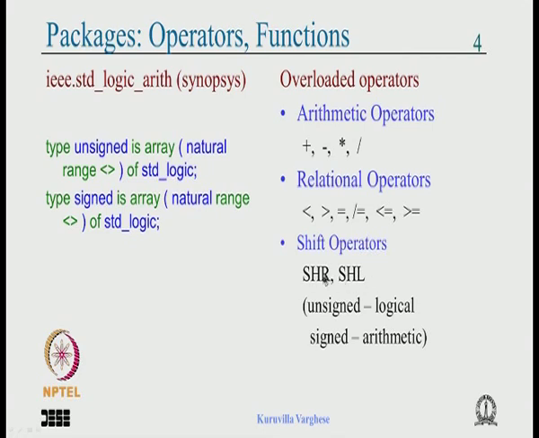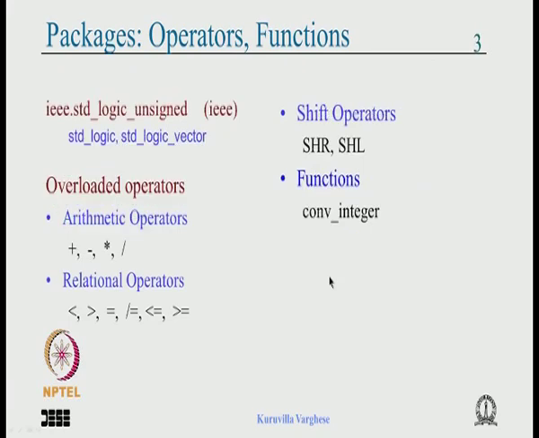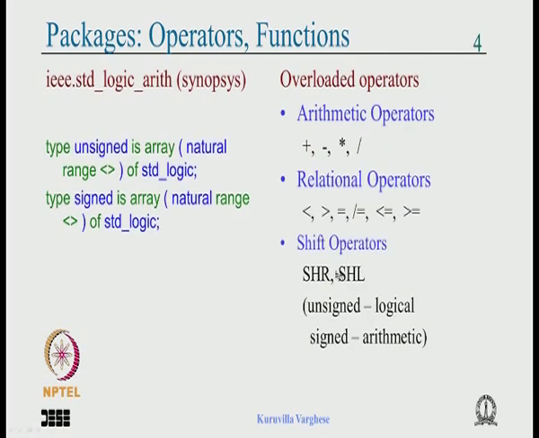Exactly like standard logic unsigned in the previous case, you have SHR and SHL here, but this works as far as shift is concerned: if it is an unsigned data type, then it will be a logical shift. If it is signed, then it is an arithmetic shift, so it takes care of the sign extension.